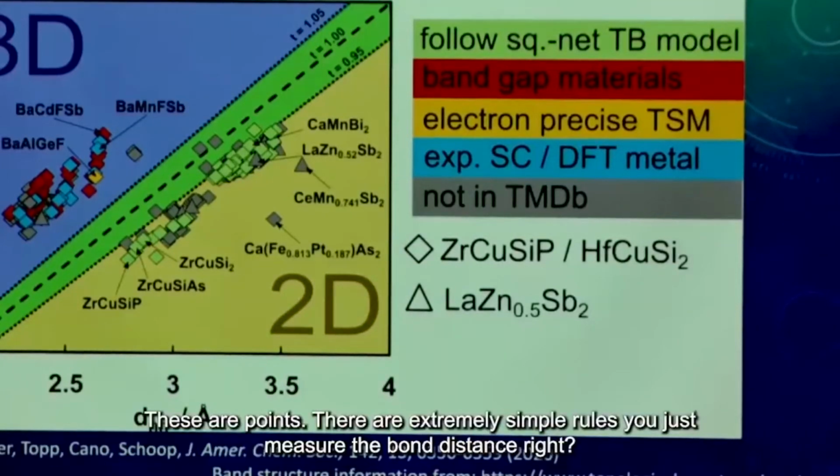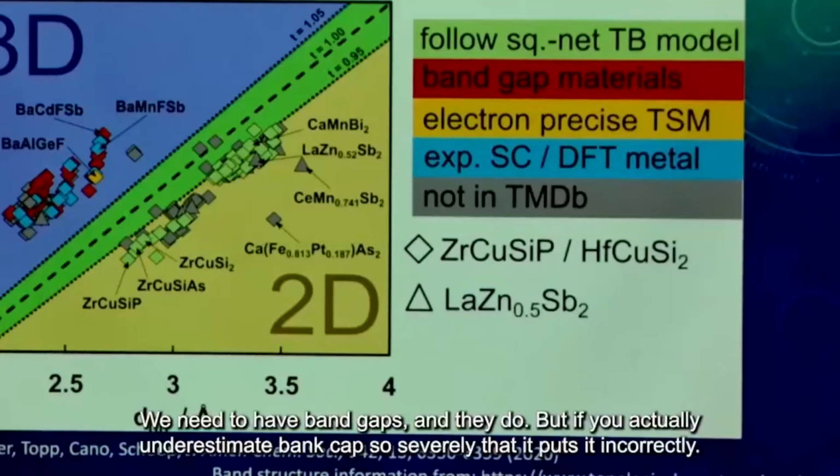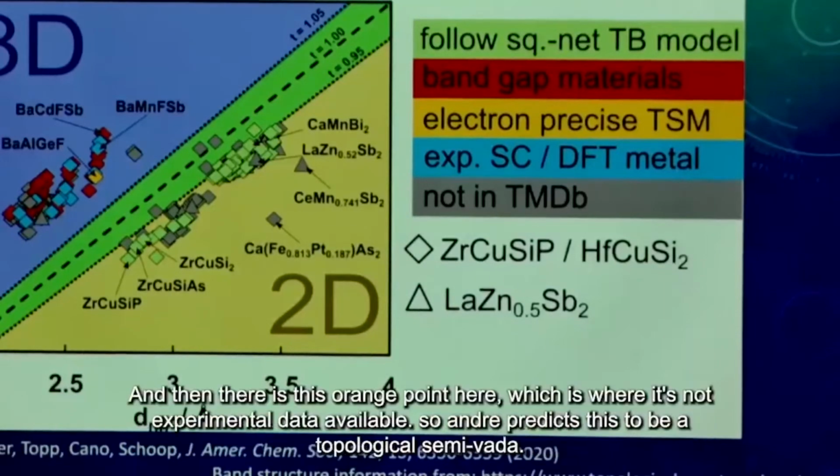So I found this was awesome because look at all these blue points. These are points, there are extremely simple rules. You just measure the bond distance, right? It's better than PBE-based DFT to predict the band structure, right? We accurately predict these need to have band gaps, and they do, but DFT actually underestimates band gaps so severely that it puts it incorrectly.